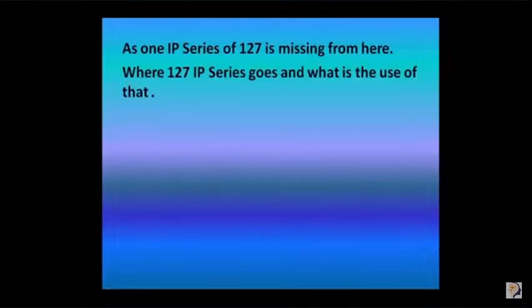So clear up to this? When we are checking the class, class A ends at 126 and class B starts with 128. Please keep your copy and pen ready and check. 127 is not there. What is the use of that?